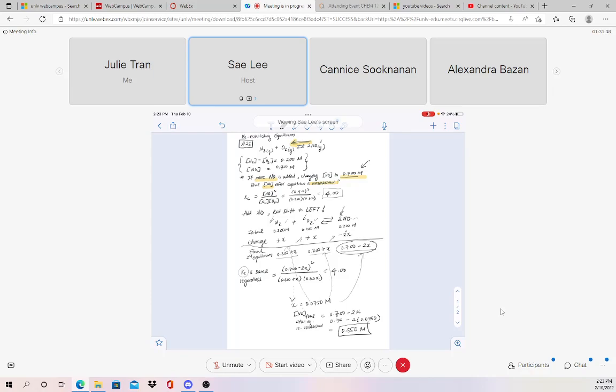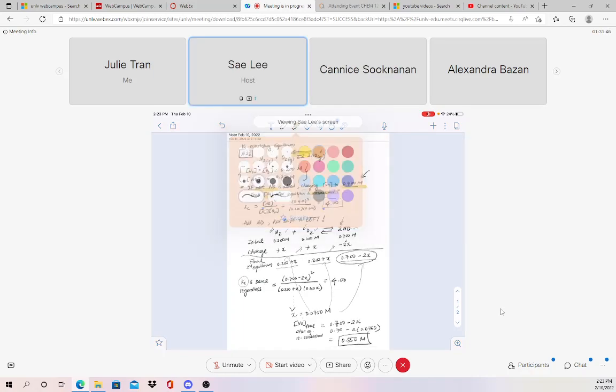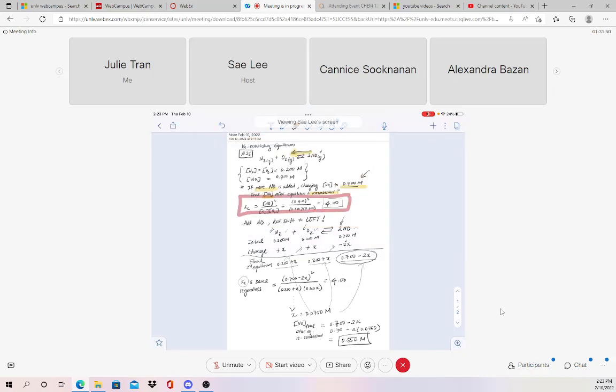How do you find 4 for the Kc? Was that given to us? Yes. If you go back to your homework and read it, they said these are the initial concentrations at initial equilibrium.